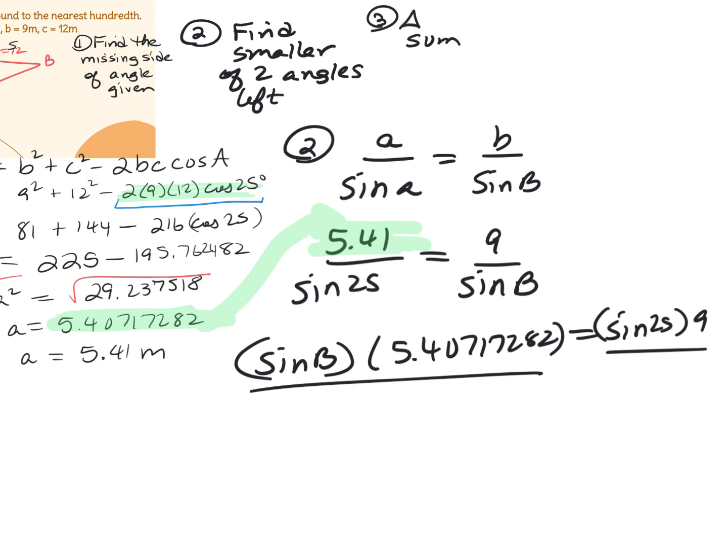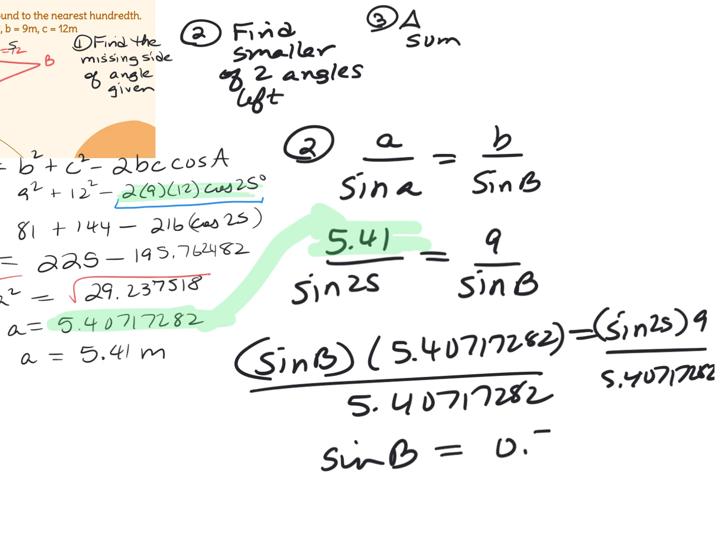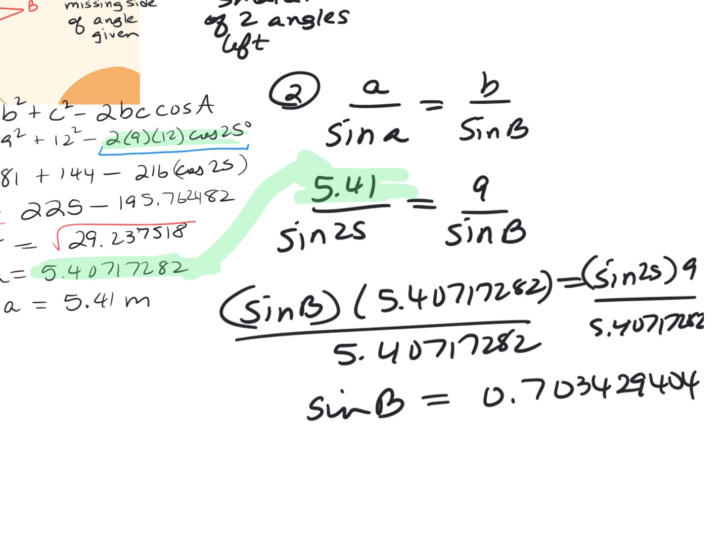Divide it by this long decimal, 5.4071782, and then sine of B. And again, I'm looking for an angle measure. So once I multiply and divide, I get 0.703429404. And then I'm looking for an angle, so it's inverse sine with that long decimal.